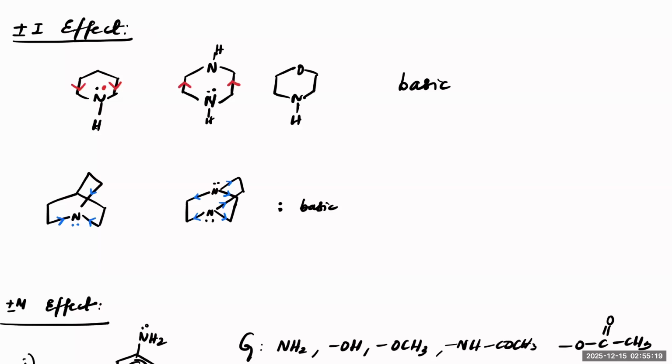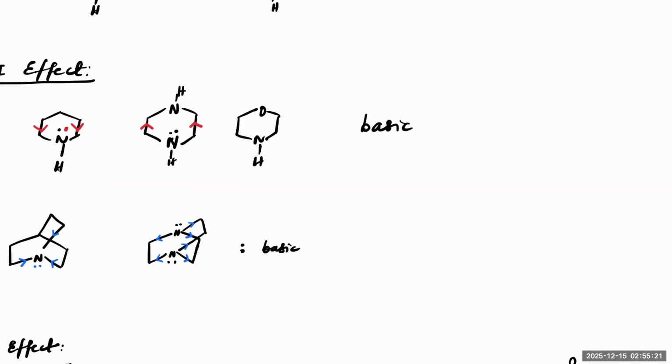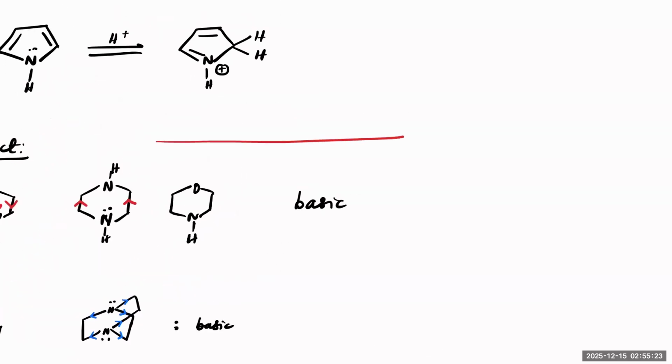So that will decrease the basic character. So one thing you got to be clear in the mind is that if plus I and plus M increase, the basic character increases. And if minus I and minus M increase, then the basic character decreases.